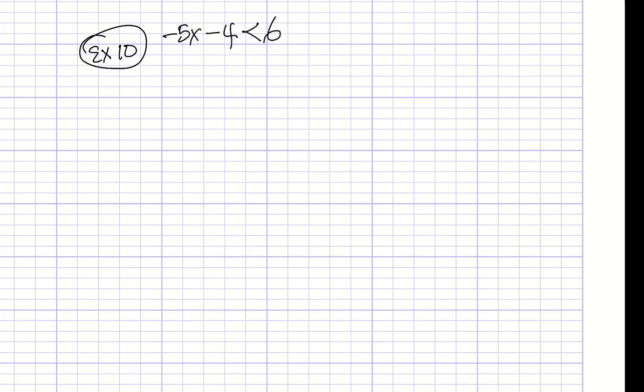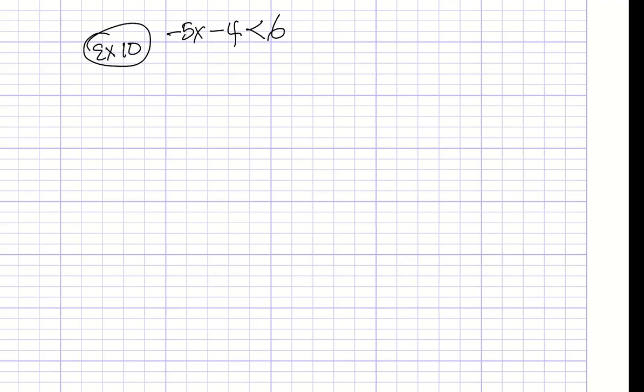We do like we normally do. We isolate x on the left. Negative 5x is less than 6 plus 4. We'll move it to the other side, it becomes plus, okay? And then we'll simplify: negative 5x less than 10, okay?